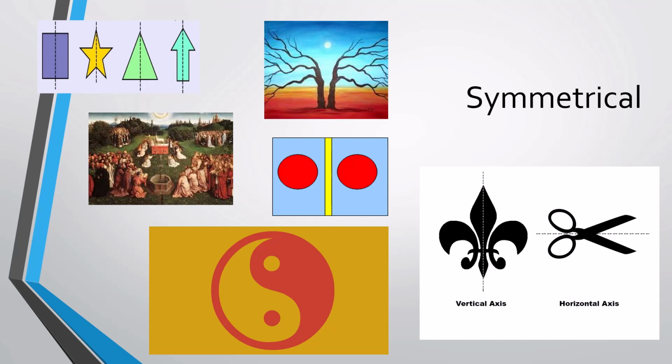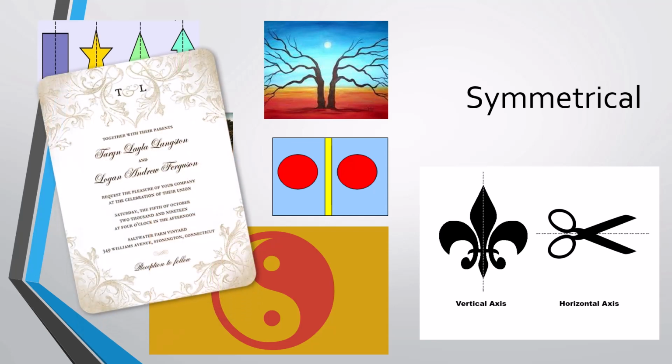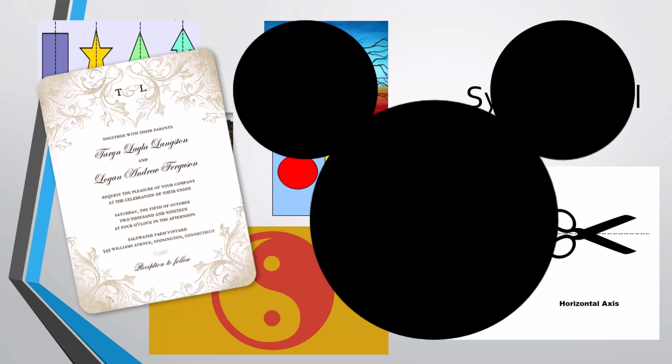Symmetrical balance is also called formal balance. It's very traditional, it's very conservative. It's useful for many things, but it can be considered stuffy, it can be considered boring. It might work very well for something like a greeting card, but sometimes in the design world, we kind of think of it as being a little Mickey Mouse.